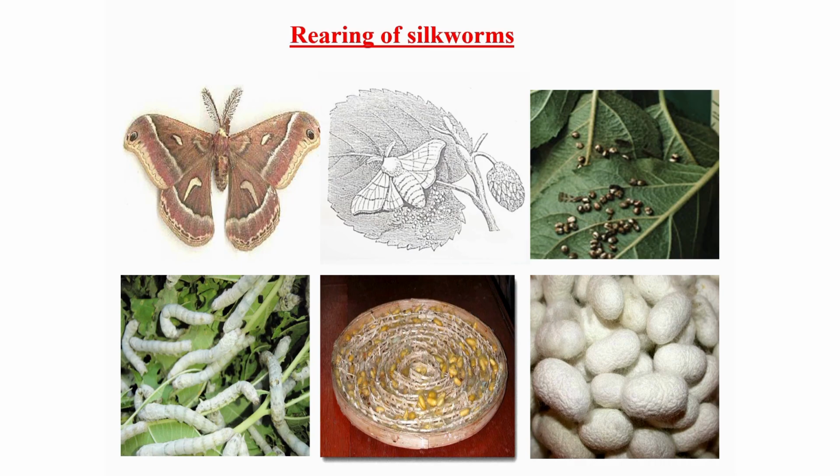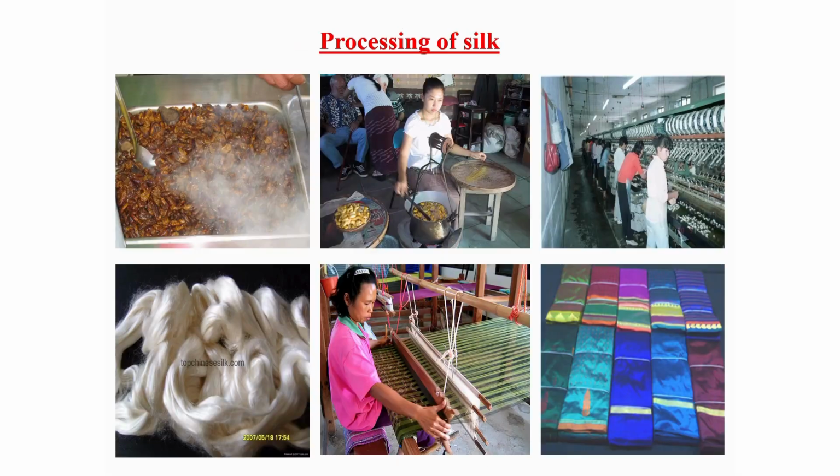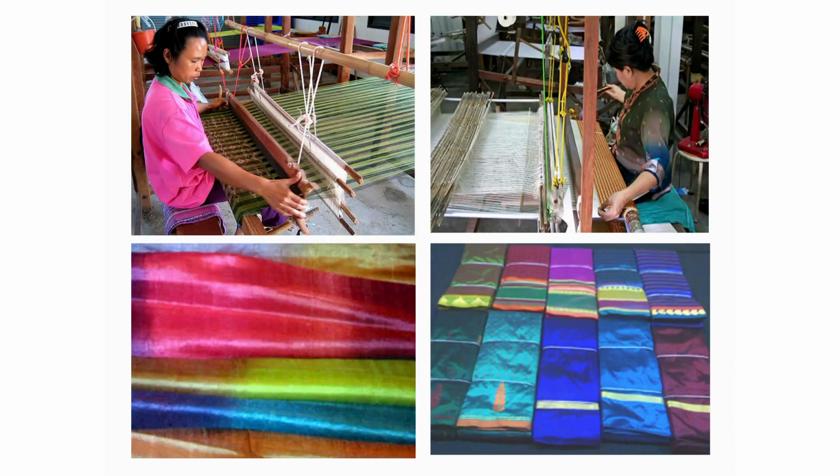There are several pictures given how it is done. Now this is the processing of silk, how it is being processed, and finally the silk is made. So at the end we can see that the silk is made.